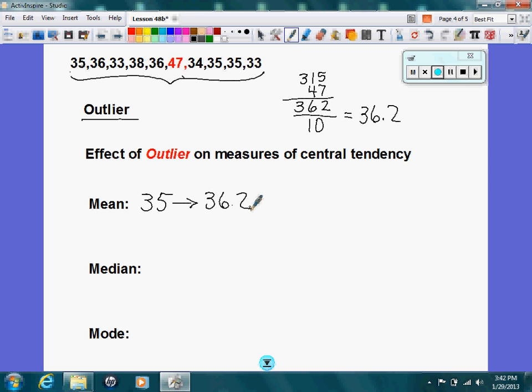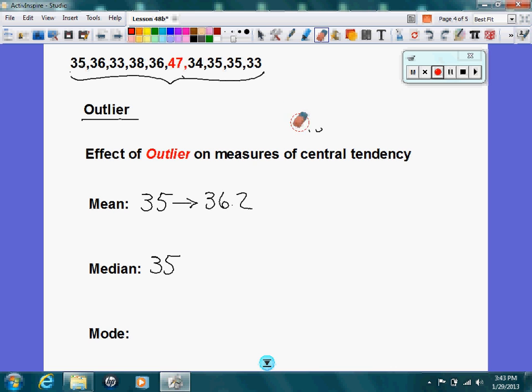What effect would it have on the median? Our median yesterday was the number that occurred in the middle. I think 35 was our median yesterday. Let's arrange our numbers again in ascending order. Let's erase this right here.